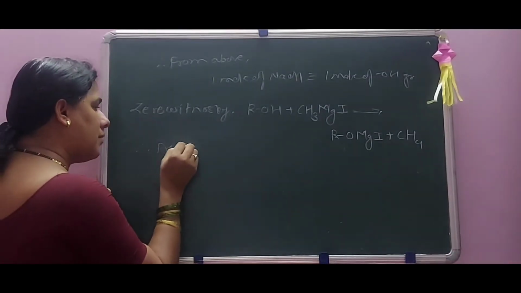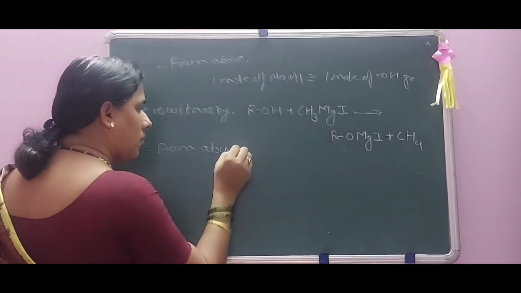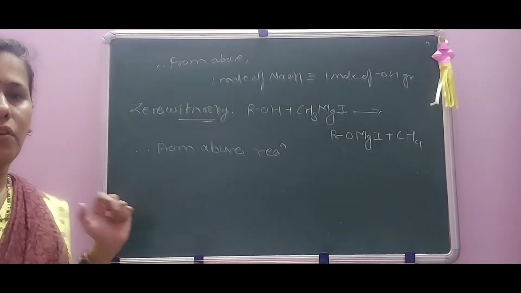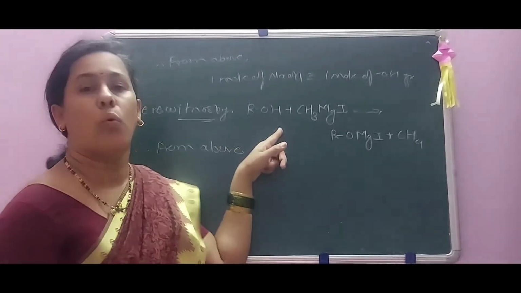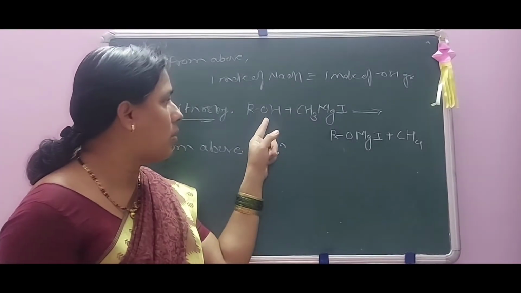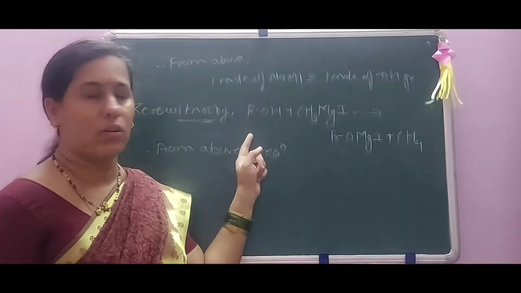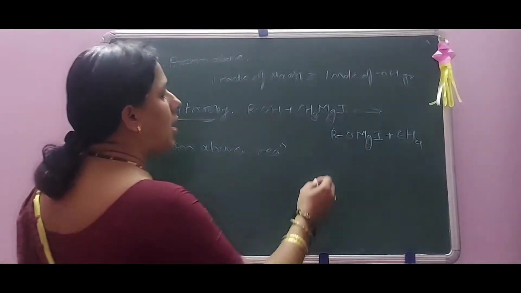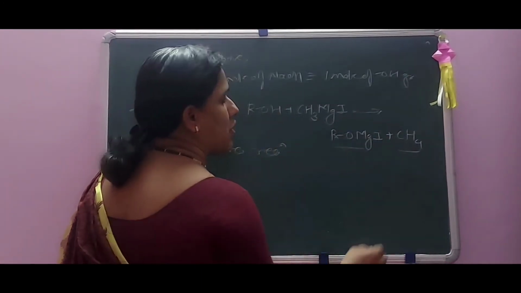From the above reaction, this is another method for calculation of the number of OH groups: the alkaloid containing a hydroxy group plus CH3MgI forms ROMgI plus CH4.